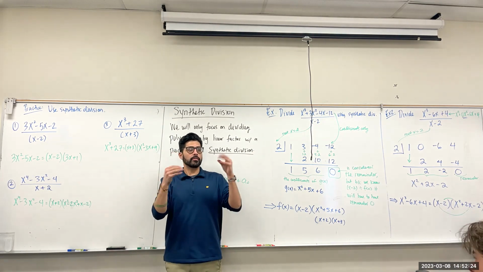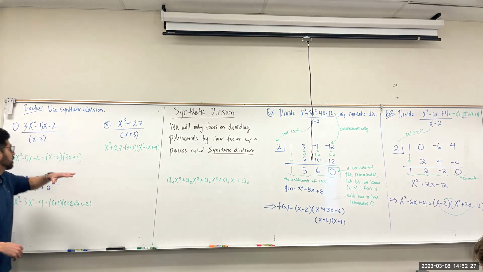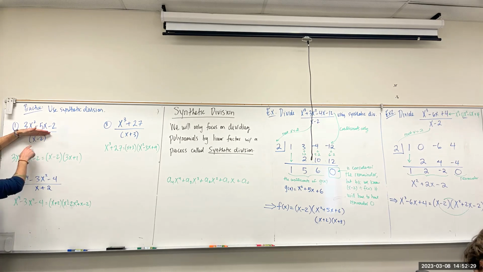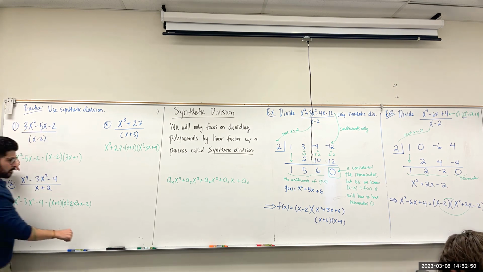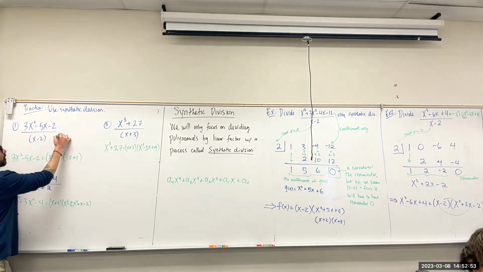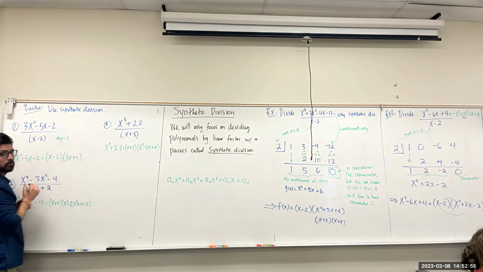Okay, let me give you guys some helpful tips, okay? Let's start here. If I ask you guys what degree this polynomial is, what would you say? How do you know that? What's the highest power of x? For this one, it's going to be one. Okay, so this guy here is degree 1.